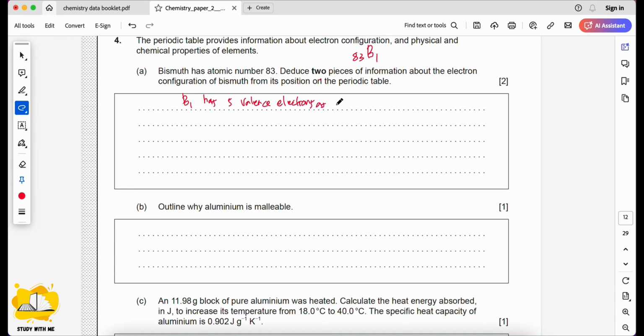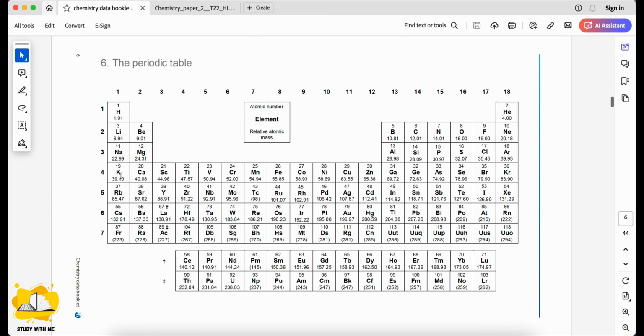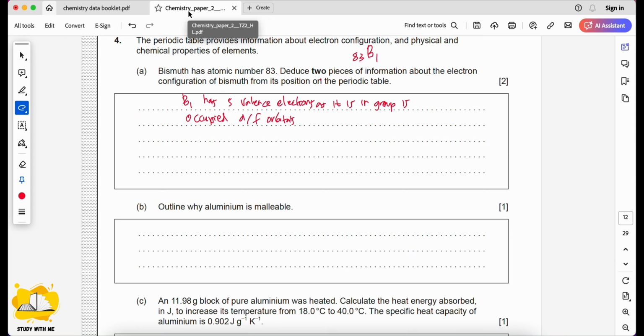as it is in group 15, and also occupied d or f orbitals. So d obviously because it's on the non-metal side. Here is s and then this d and then p, but the atomic number is very high, so of course it will reach d and f orbitals because it has a large number of electrons.